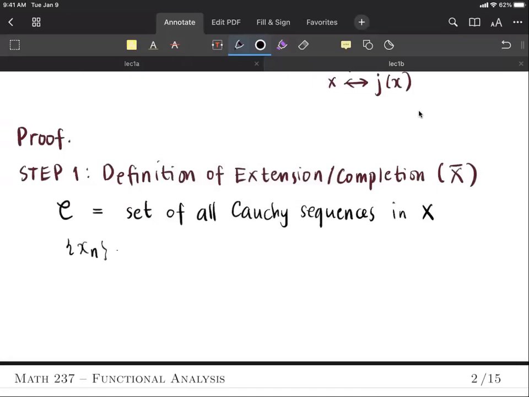Two Cauchy sequences are related if and only if the distance between the corresponding terms goes to 0.